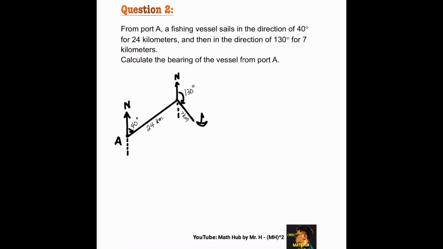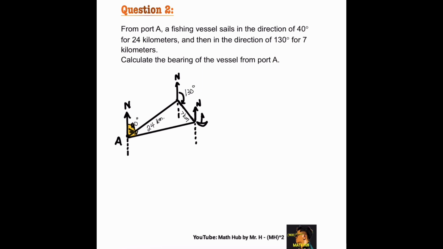All right, and let's connect this to here. Okay, this one from where the fishing vessel is, so north line, and then calculate the bearing of the vessel from port A. So basically it's asking for, let me highlight in yellow, this angle right here that we need to find.